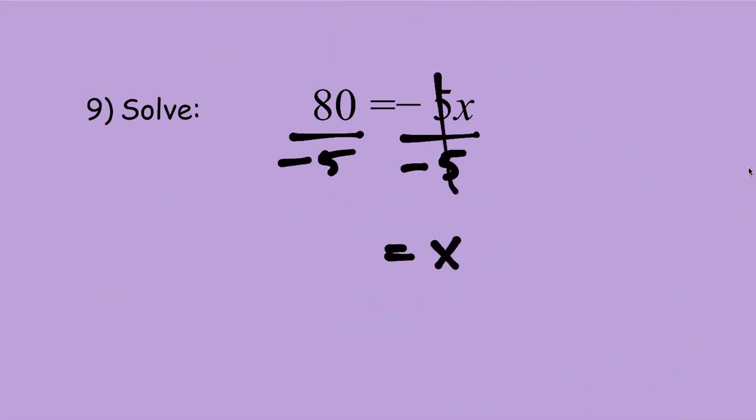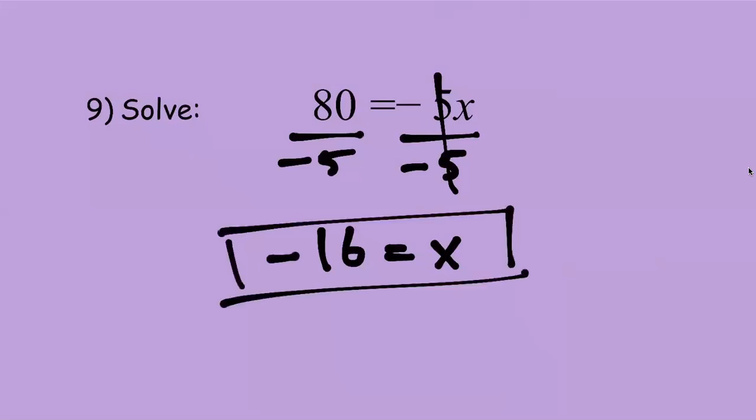And then 80 divided by 5 is going to give you, I believe, 16. And a positive divided by a negative gives you a negative. So you get negative 16. If I put negative 16 in for x, it will give me positive 80. And that is that. I hope this was helpful to you.